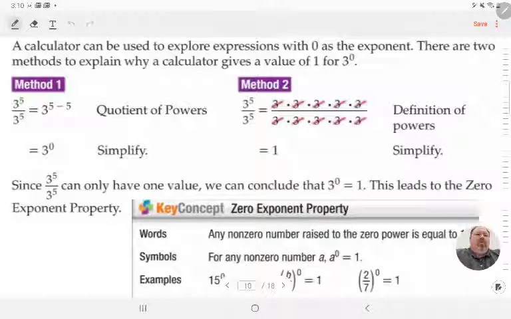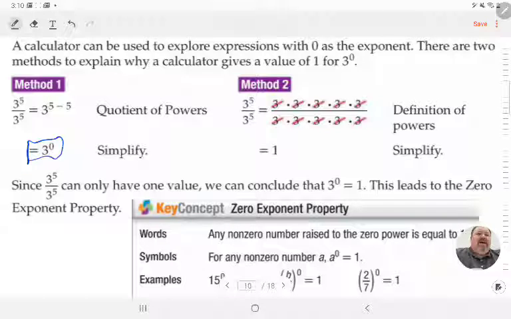So now all this is basically stating is when you look for the exponent of 0, you're going to end up with 1. So for example, if I have 3 to the 5th power over 3 to the 5th power, 5 minus 5 is 0. So I get 3 to the 0 power.